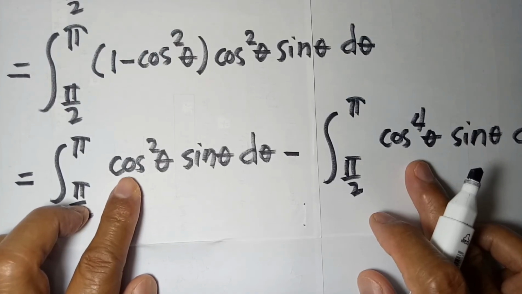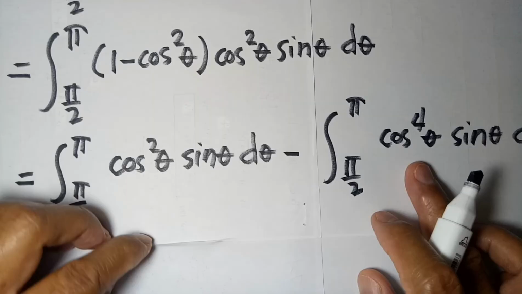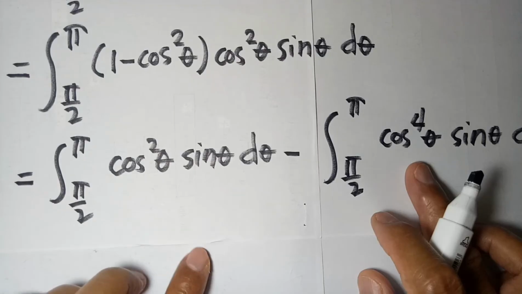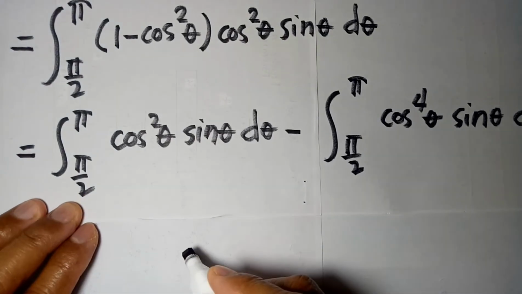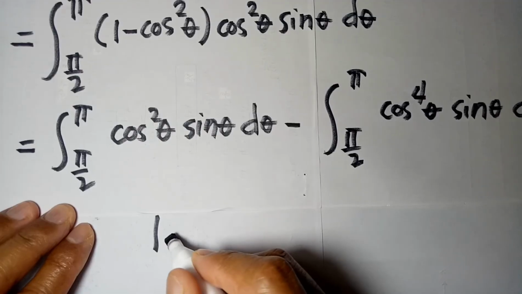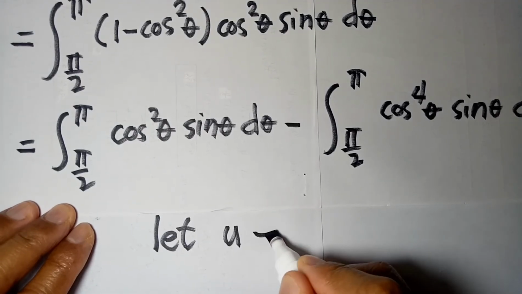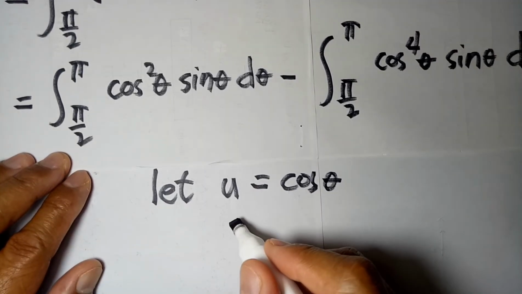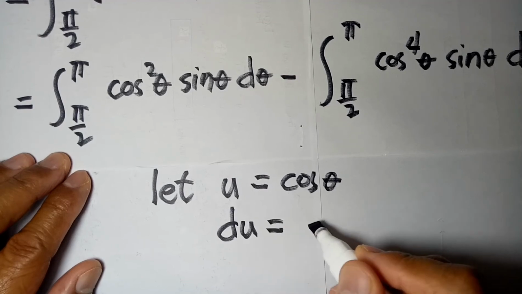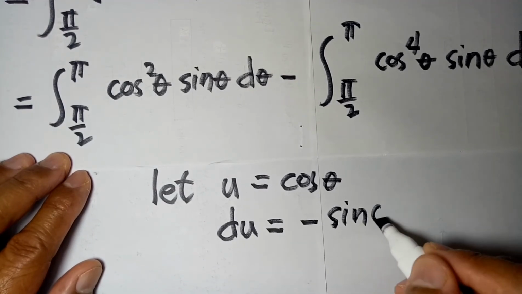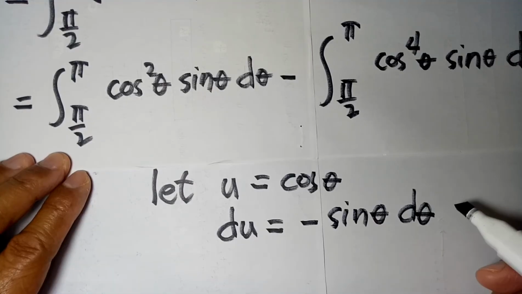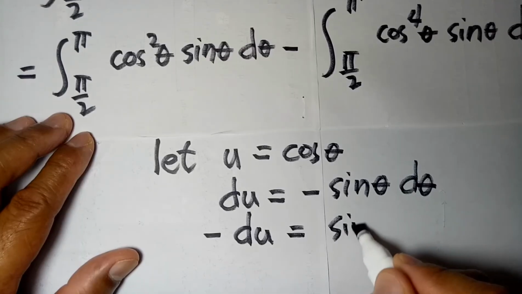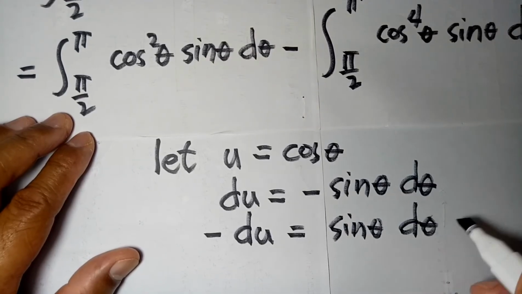Ang derivative ng cosine ay negative sine. So, meron tayong sine. So, pwede siyang ma-integrate by power rule. So, let u equals cosine of theta. So, ang du natin equals negative sine theta d theta. So, negative du equals sine theta d theta.